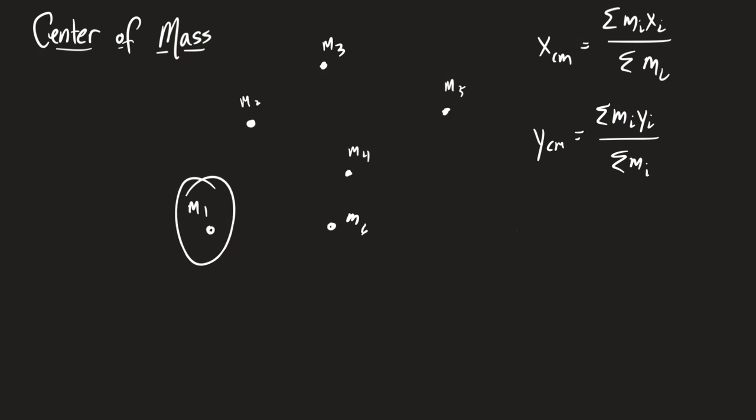Now, what that really means is I'm going to draw a y-axis that starts at M1 and an x-axis that also starts at M1. And I'm going to make this my reference for the x direction and this my reference for the y direction.